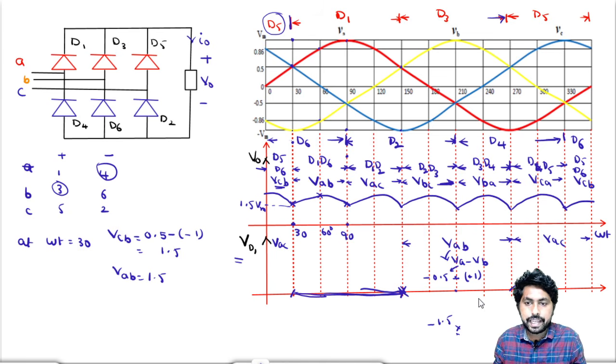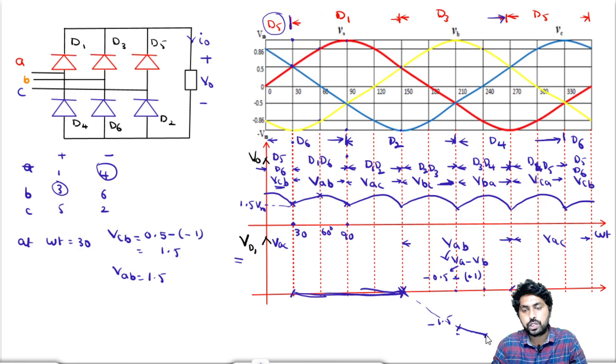If I find the next point, what happens if I draw the VAB? After 1.5, it reaches 0.866, so it will be minus 0.866, so minus root 3. Minus root 3 is the maximum value.